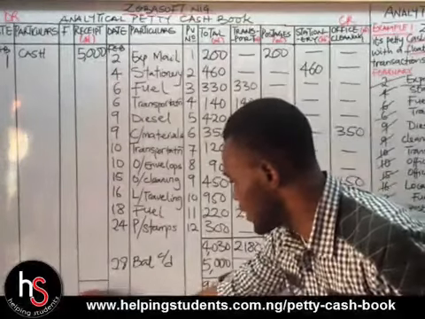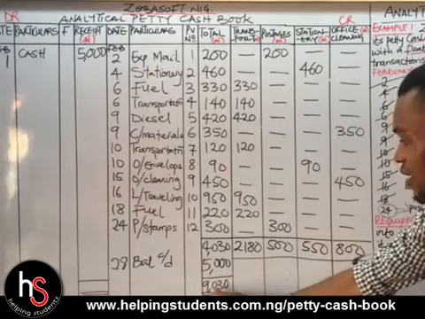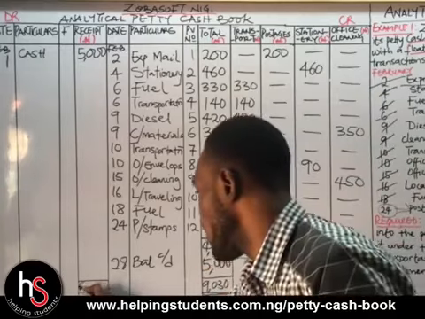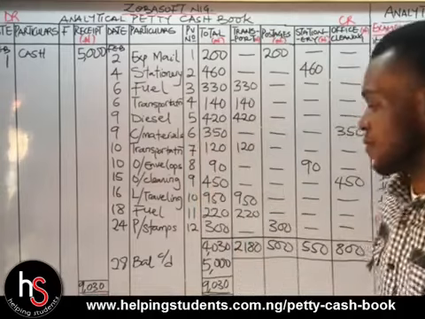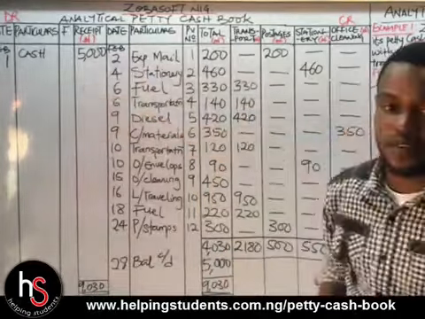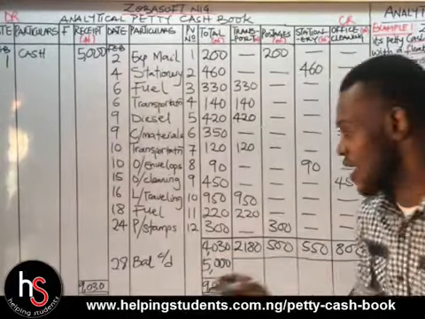We trace the same line again. Now this value we have here, 9,030, will also be written down here. Now, 9,030 minus 5,000 gives us what? This same value we have here, which is 4,030.